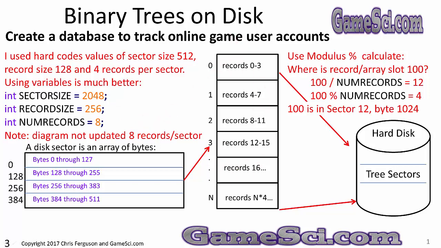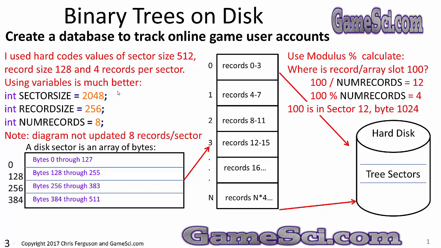But once you have these constants set up, and that's the way to code this, you can use the modulus operator to do your calculations. If you want to find record or array slot 100, it's 100 divided by number of records, and if there are 8 records per sector, then it's going to be in sector 12. And when you want to find the offset within that sector, you do 100 modulus the number of records, and it says it's going to be at record offset 4.